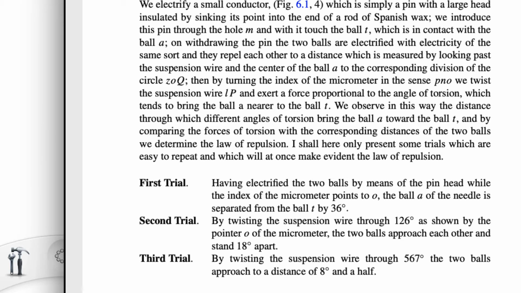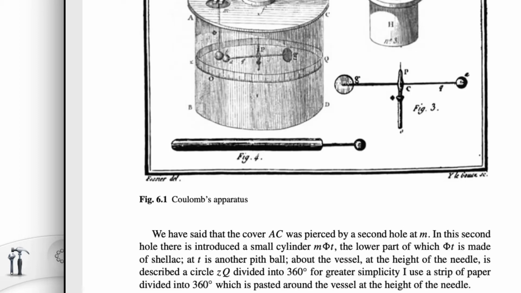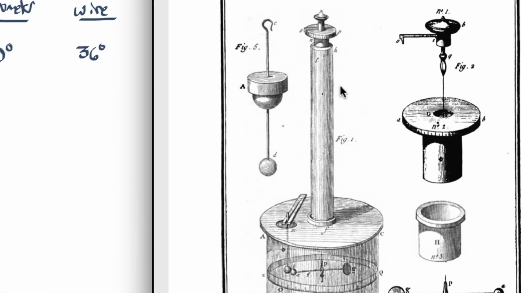Okay, so let's look back at the apparatus and make sure we understand what's going on here. So the micrometer at the top here has a point O. What he does is he twists it around in the clockwise direction.